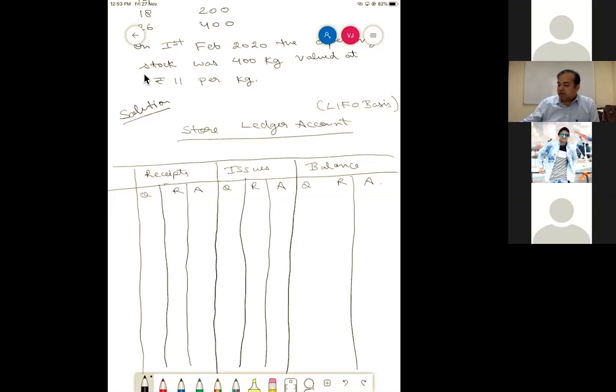That is your balance. So one by one, we have to make entries of both receipts, issues, and what is the balance.